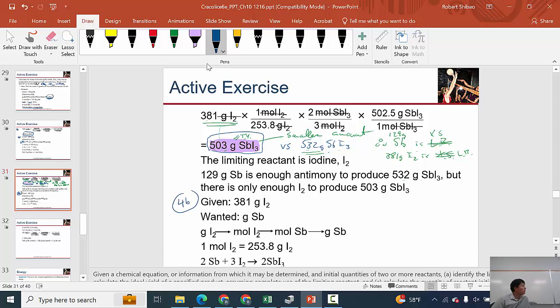In this calculation, we do it in 2 steps. We know that 381 grams of iodine is our excess.